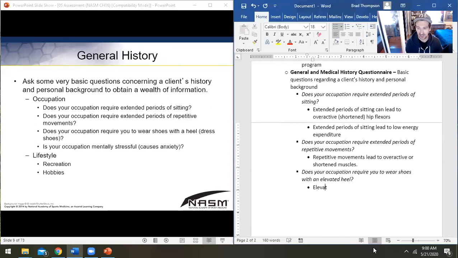So elevated heels put the ankle into plantar flexion, which reduces ankle dorsiflexion strength, right? By being in that plantar flexed position and walking around like this all day, they're going to have really tight calves. That means that when they start squatting, they're probably going to have trouble with dorsiflexion, trouble pulling their toes back towards them. And we know that's part of squatting, right?